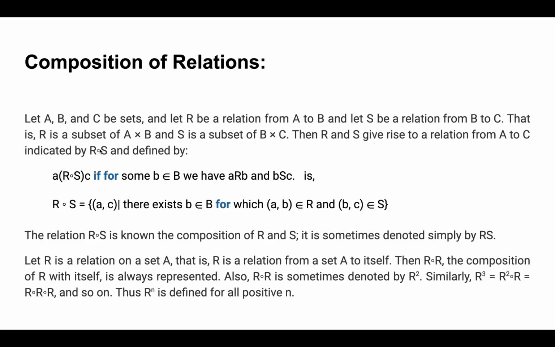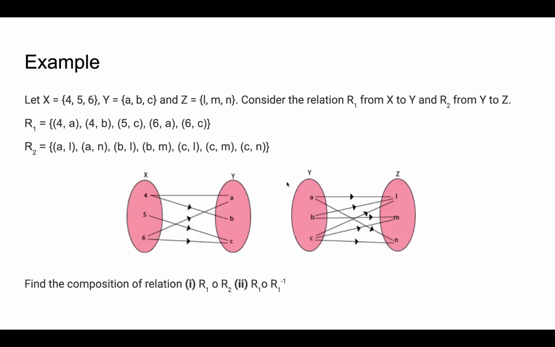This hollow circle is there, and that is known as composite. Then here what we have to define is R composite S, a relation from A to C, if for some b belonging to B, we have a R b and b S c.